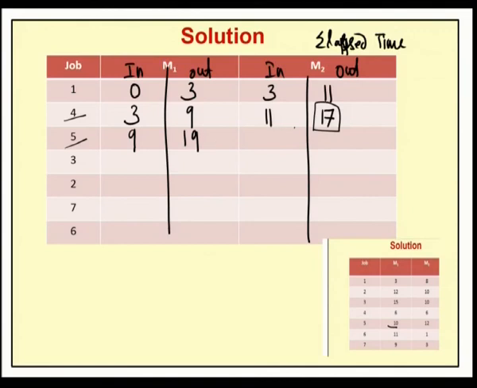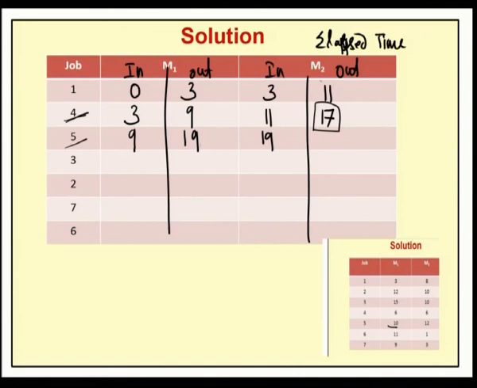So for machine 2, the starting time for job 5 is only the 19th hour, not the 17th hour, because after completing job 4, the next job to be performed is 5, but job 5 is completed by machine 1 only in the 19th hour.